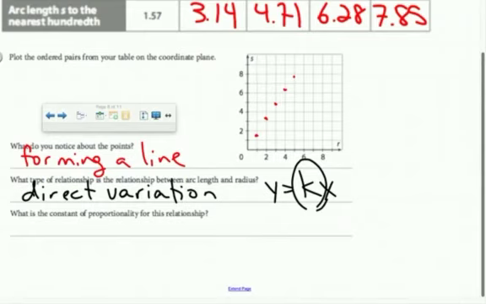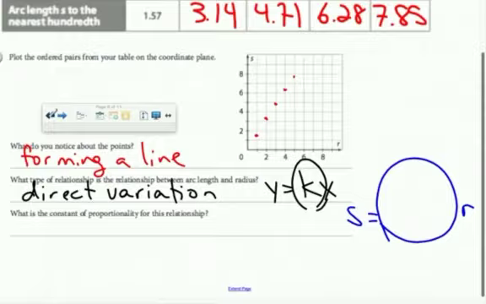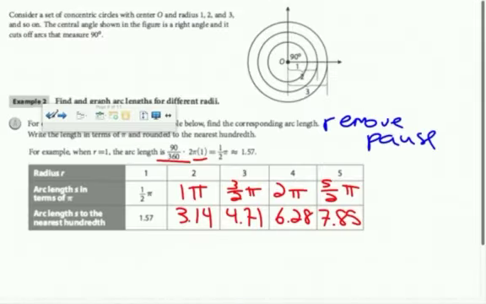They're asking us for the constant of proportionality in this relationship. So let's think about what this equation was. It was S equals something times R. Notice what is always being multiplied by R. It was the m over 360 times the 2 pi.